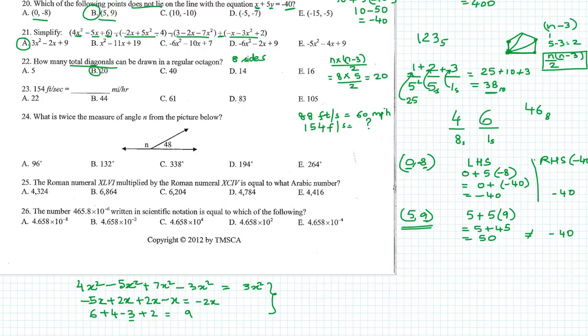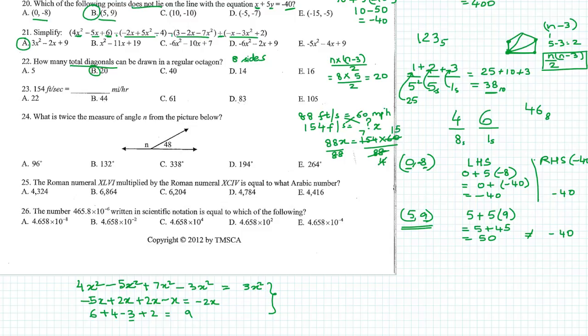So one way to do that is, let's call this x. We can cross multiply. So 88x will be equal to 154 times 60. Now you can divide both sides by 88. 22 times 4 is 88, and 22 times 7 is 154, and then 60 divided by 4 is 15.